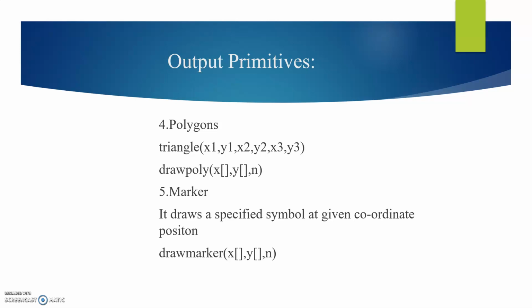Standard command to draw a polygon, you can consider here a triangle, is triangle in the round bracket x1 comma y1 comma x2 comma y2 comma x3 comma y3, where x1 y1, x2 y2 and x3 y3 are the coordinates of three vertices of triangle and they support direct polygon drawing command.